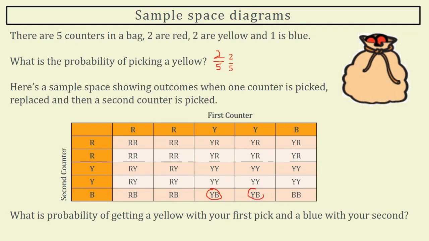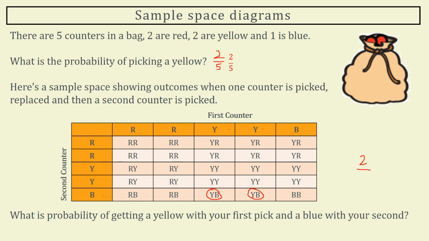Yellow with my first pick, blue with my second. Are there any more? Yellow with the first. Well, this is the only place that yellow with the first happens, isn't it? In these 2 columns here, this one and this one. And that's the only place where I'm going to get blue second. So yellow and blue. There are just 2 ways that can happen.